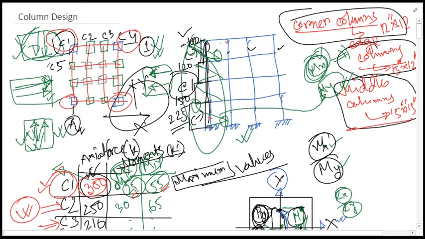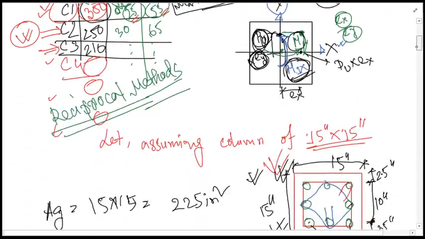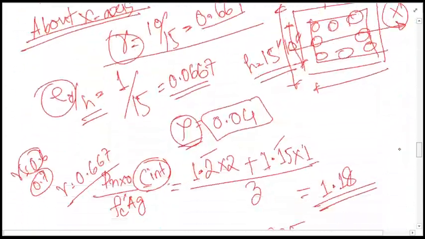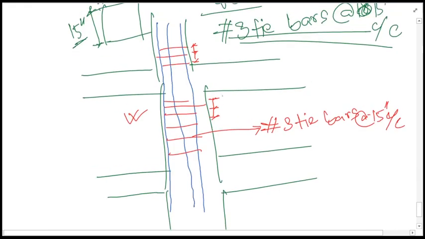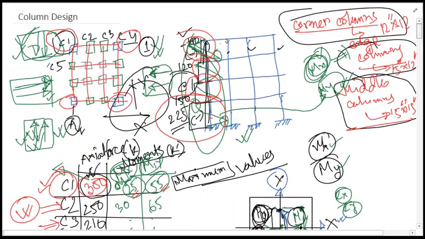And one thing you should remember, that the value we have taken, which value? This value we have taken, but what about this one, this one, this one? So therefore you need to cut off the columns. Whenever we are going above and above, for example, if we go above up to some distance, say this is the first story, second story, then you might not require the similar amount of reinforcement as we have used.